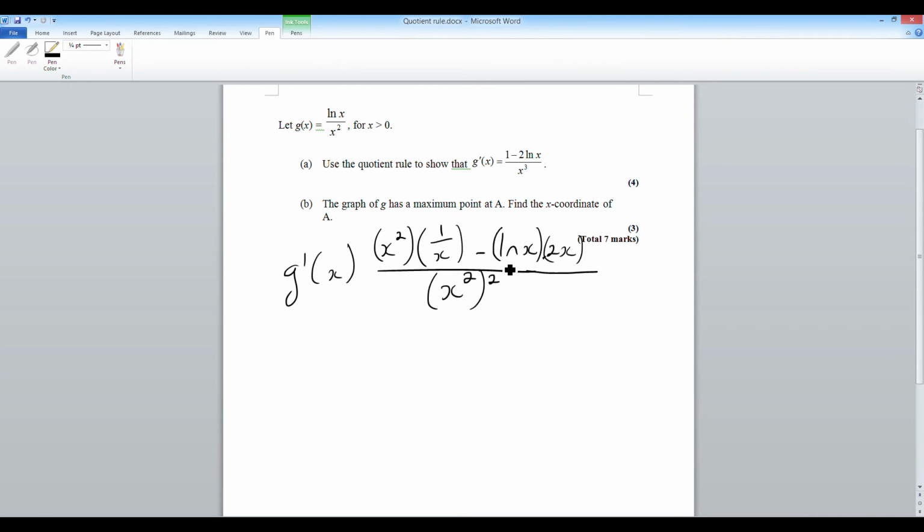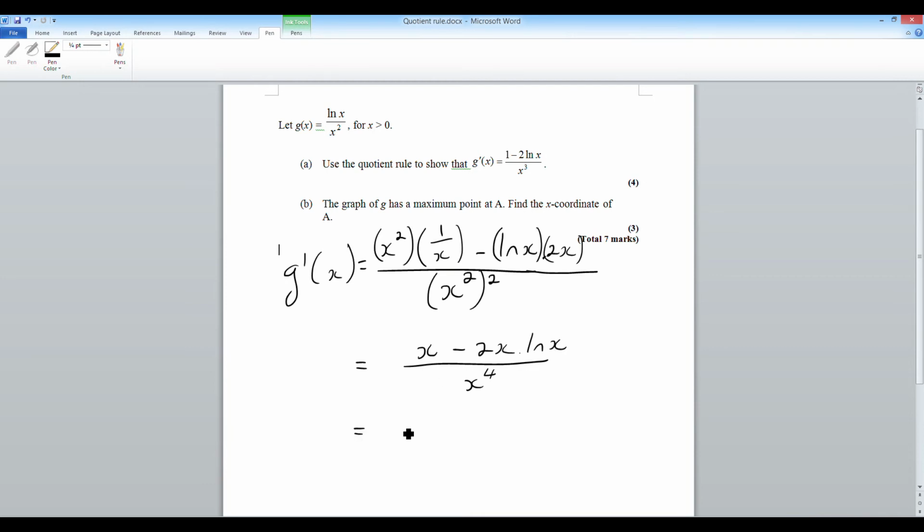I will just include brackets here. So if I want to simplify this, it becomes x to the fourth. Now x squared multiplied with 1 over x will just leave me with x, and minus 2x times the natural log of x. So this is my first derivative.